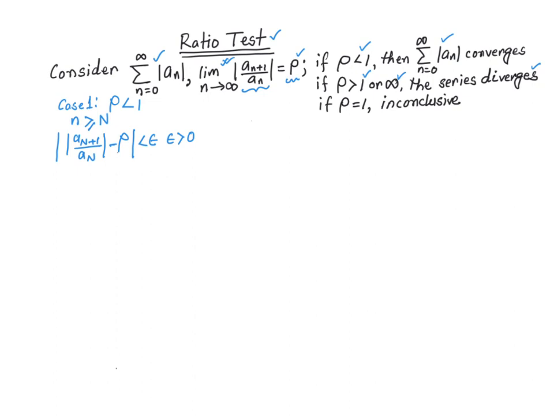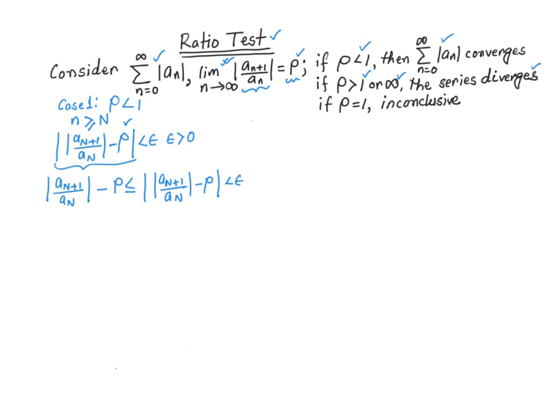Now, what I'm going to do is take this term on the left-hand side and break it down into two pieces. You will see what I'm doing here. So, the absolute value of a sub n plus 1 divided by a sub N, capital N of course, minus the absolute value of rho, which is positive so I'm going to just put rho, is less than or equal to this guy, which means the absolute value of a sub n plus 1 over a sub n, minus rho, absolute value, which is less than epsilon.